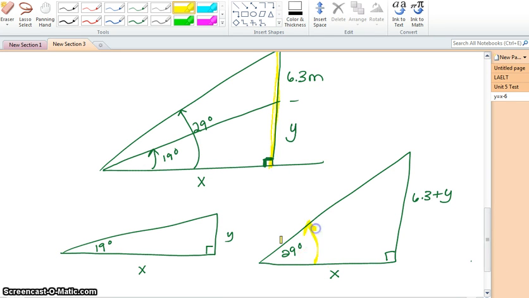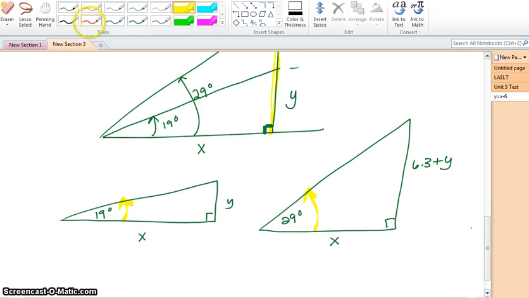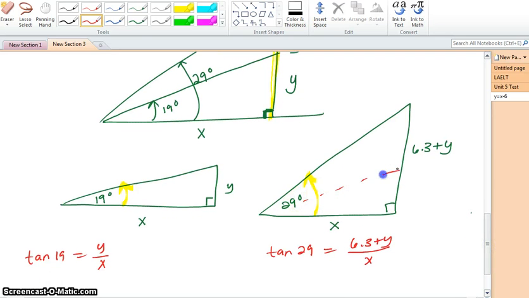Using the tangent ratio with each of these, we can come up with two equations that will be in system together, just like the algebraic problem we just solved. Tangent of 19 equals y over x. Tangent of 29 equals 6.3 plus y over x. That's the opposite over the adjacent in both cases.